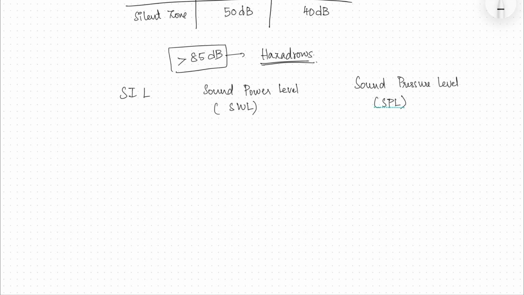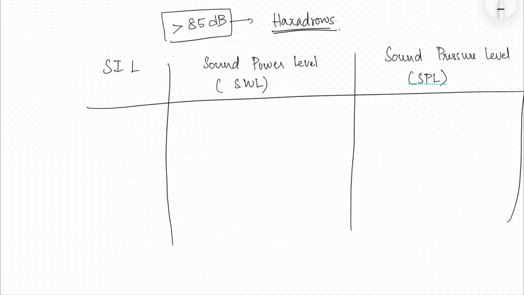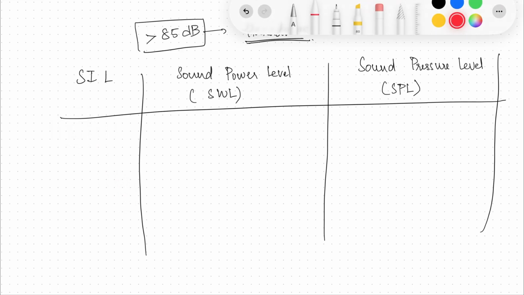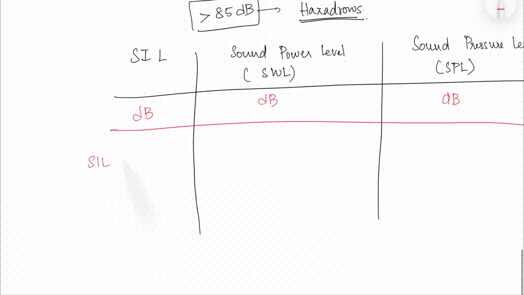These terms are mostly used interchangeably, but I'll write the formula for each. All are calculated in decibels. And I talked about the formula before: your SIL is 10 log of I by I naught, and your I naught is 10 to the power minus 12.